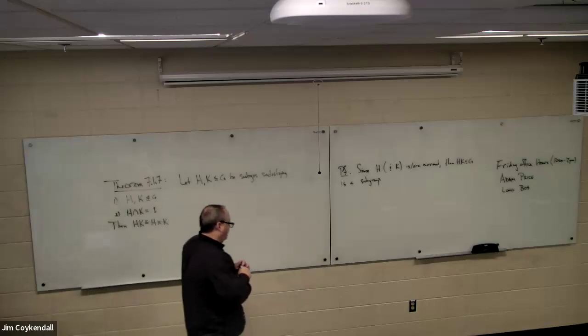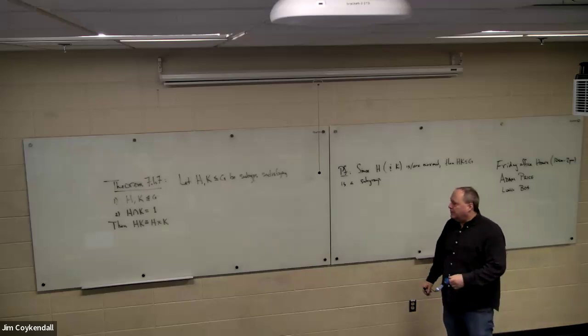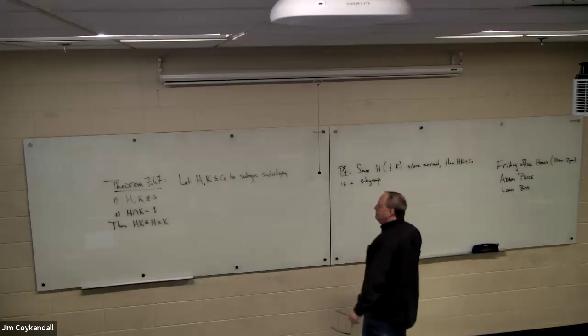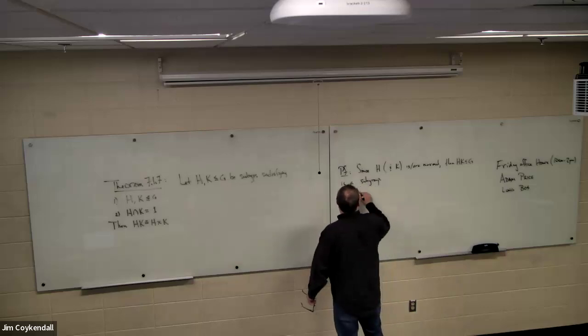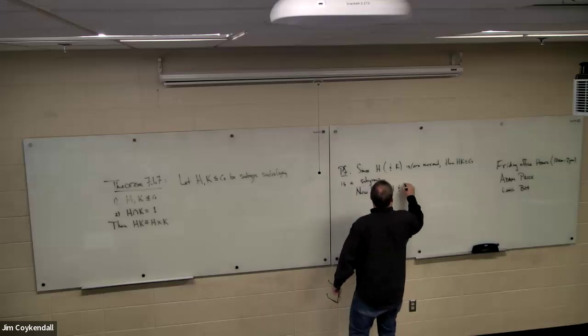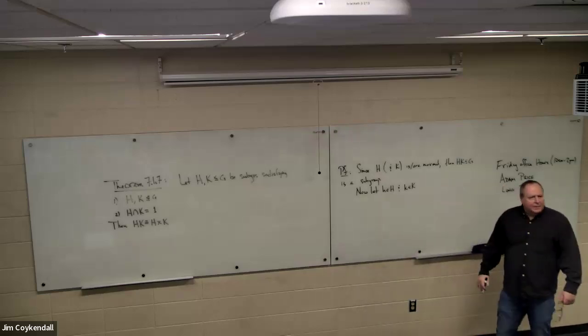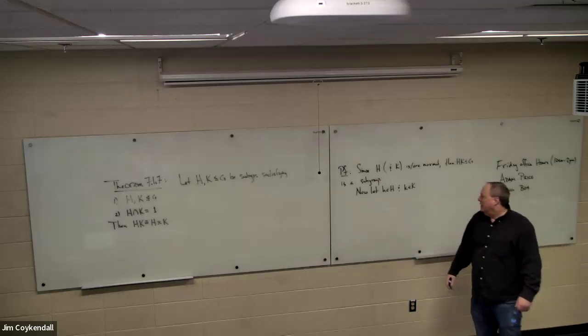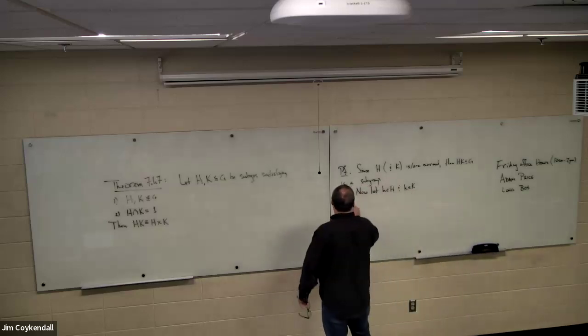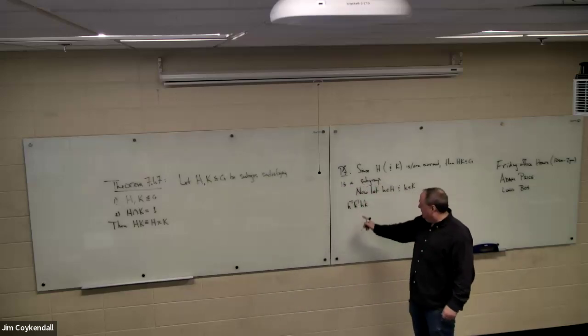Let me also make another observation. We've actually done this via a homework problem. I want to make sure that's clear. Pick two random elements, one of them in H and one in K, and consider this element right here.